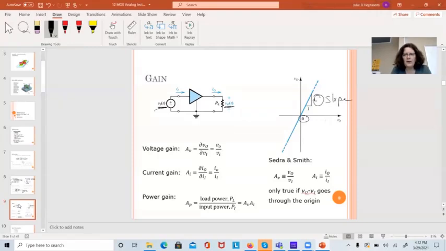The voltage gain is the slope of that line. So that, as you know from calculus, is the derivative of V out with respect to V_N. Delta V out over delta V_N if you're being a little bit sloppier.